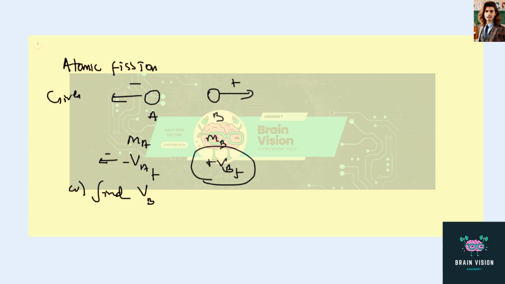The initial velocity of A we're going to call VA initial, and the initial velocity of B, VB initial. These two happen to be 0.0 meters per second prior to splitting, because the object is not moving yet before it splits. After it splits, it acquires different velocities.